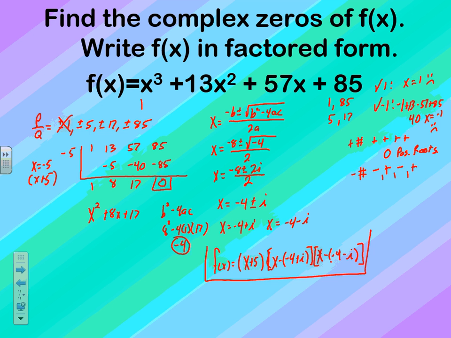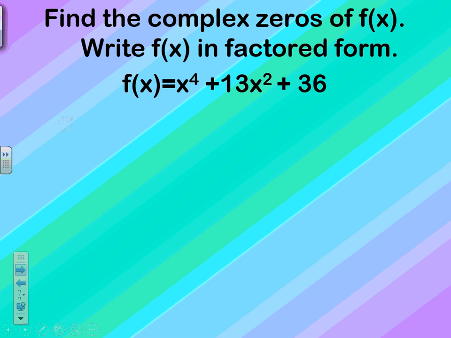And there is the third degree polynomial written in factored form. And the three solutions would be negative 5 and the two complex numbers that we have.